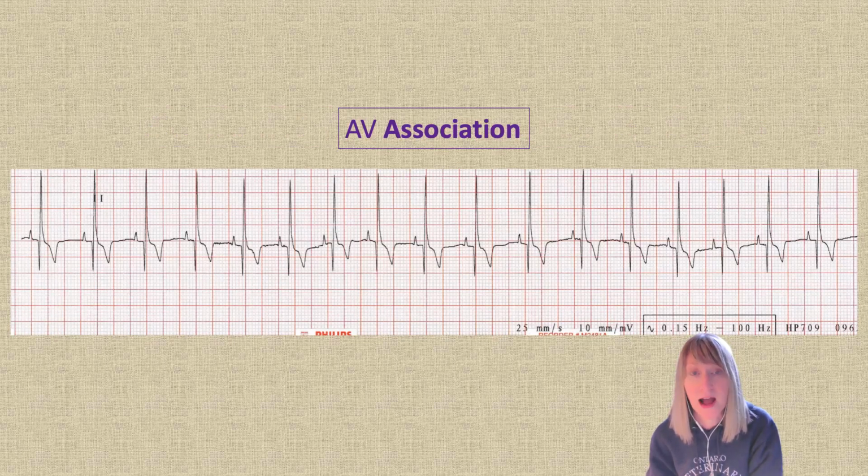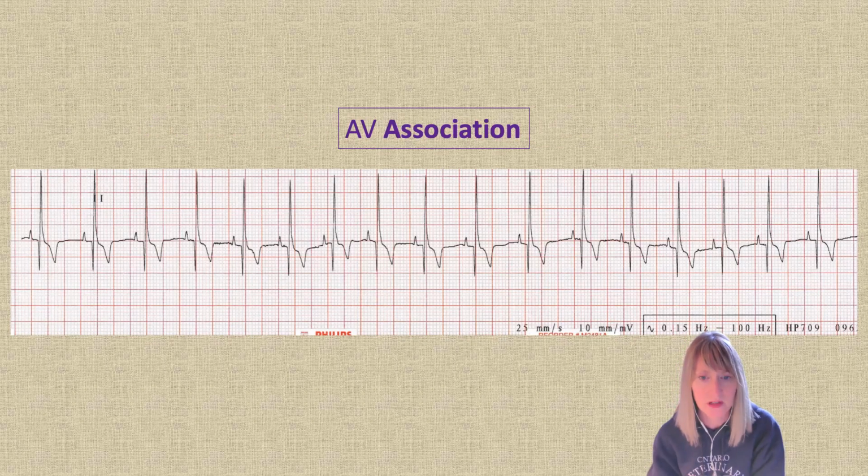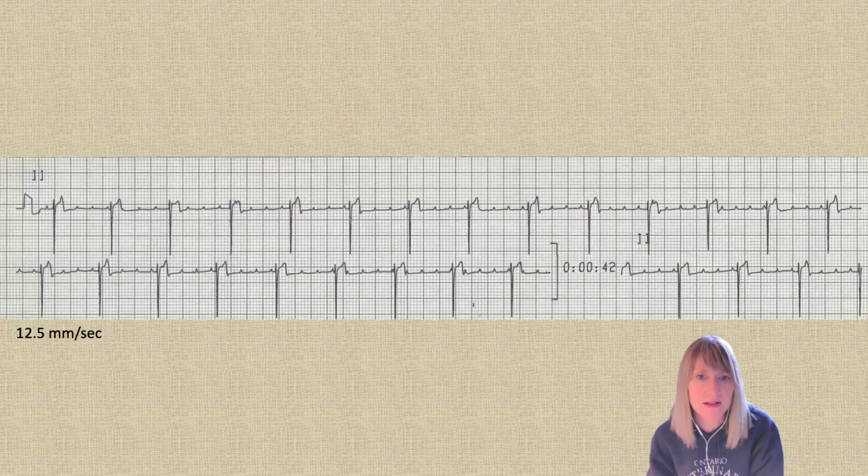And so how do we know that from our ECG? Well, that's because we have a P wave that precedes our QRS complex, and the relationship between the P and the QRS is constant. So we know the atrial activity resulted in the ventricular activity. That is AV association.